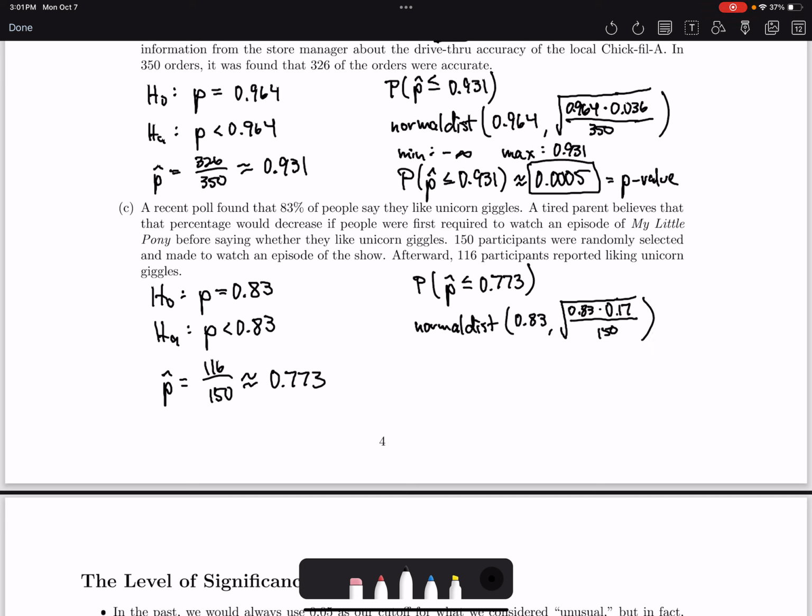No minimum value because we want the probability p hat is less than 77%. Our maximum value should be 0.773. And let's see, so our p-value is the probability that p hat is less than or equal to 0.773.